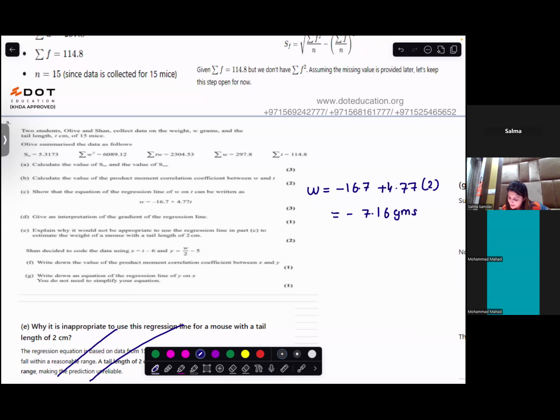Is it possible to have minus 7.16 grams? No. Weight cannot be negative. Therefore, it is out of range. So this is extrapolation. It is inappropriate to use the regression line to estimate the weight of a mouse of 2 centimeters.